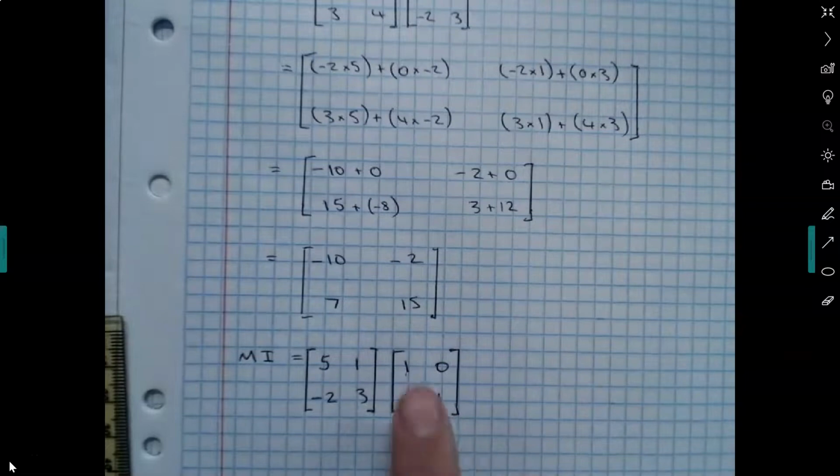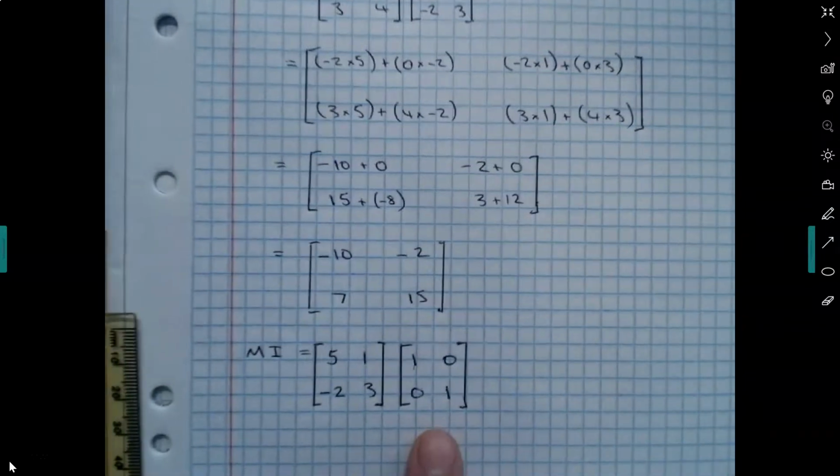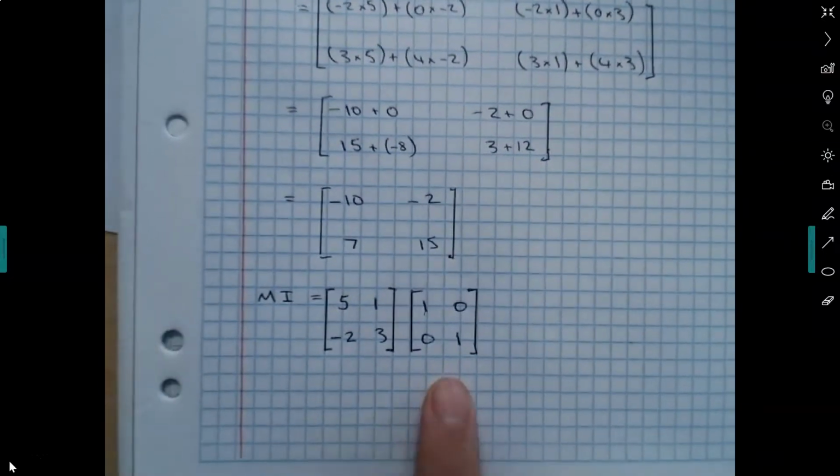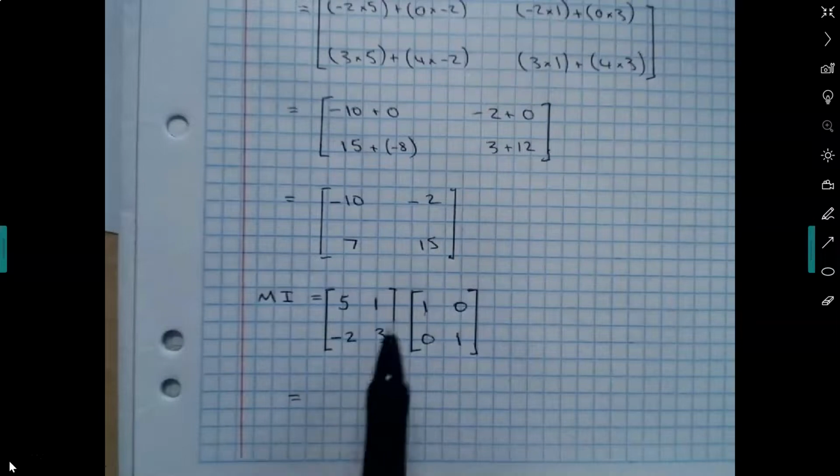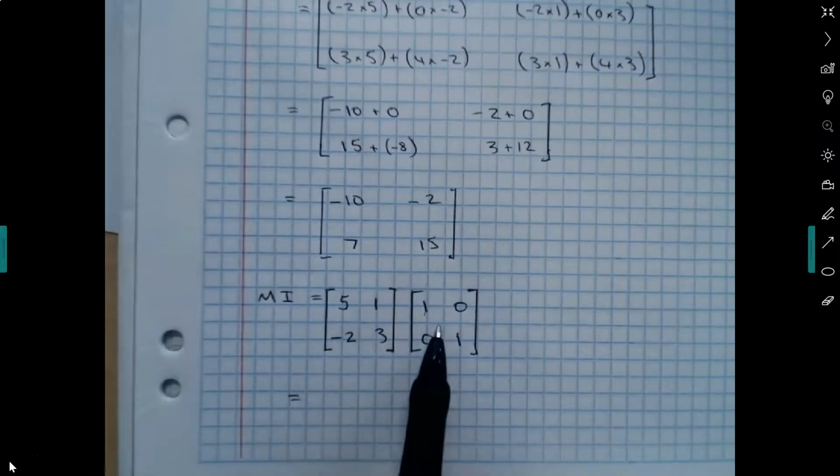Alright, so see how the 1s come across the diagonal, the other two inputs are zeros? That is called an identity matrix. So, like I said, I'm expecting, once I do this multiplied by this and simplify it, I should just get my original M matrix. So we'll see if it works.